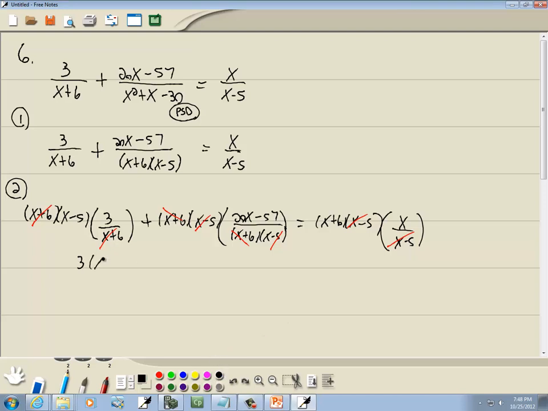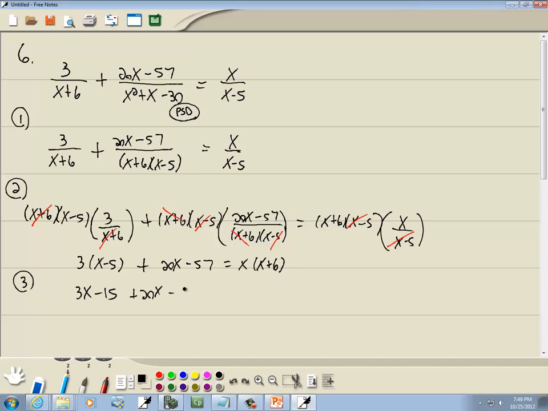And we're left with 3 times x minus 5 plus 20x minus 57 equals x times x plus 6. And we want to go ahead and solve this. So get rid of parentheses. 3 times x is 3x. 3 times negative 5 is negative 15.